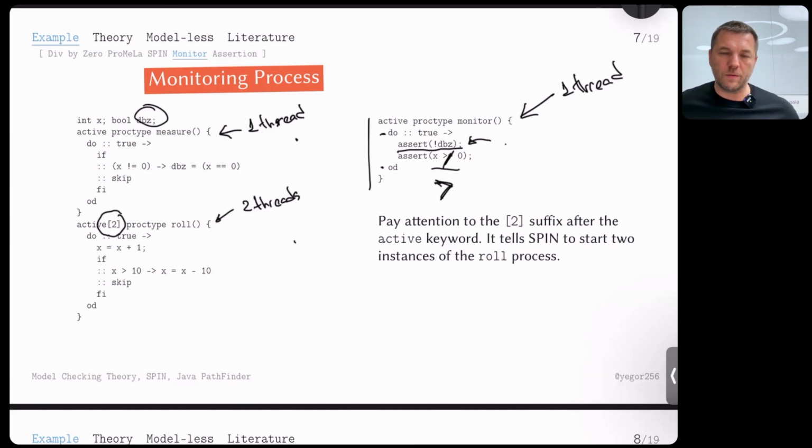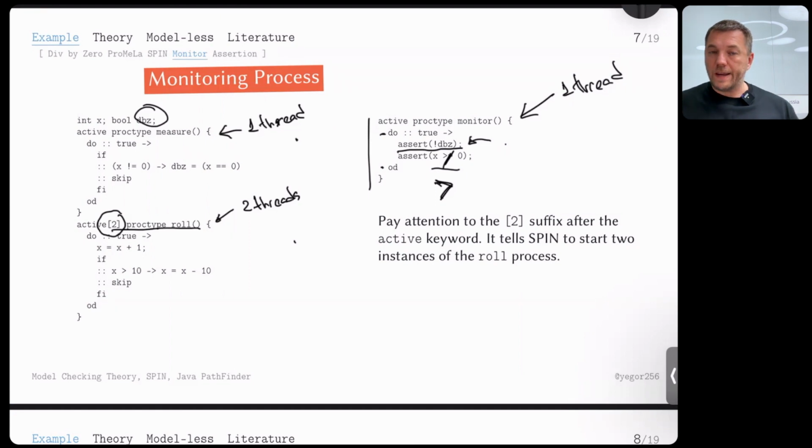Unfortunately, I'm showing you something which is very academic. So just for the purpose of analysis, let's say we are interested in these properties of our program. We are interested that the division by 0 doesn't happen, and that x is always more than 0. And we want this process, this algorithm, to go in 2 parallel threads.